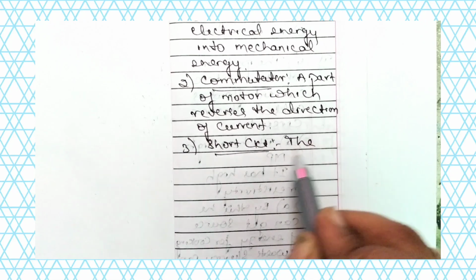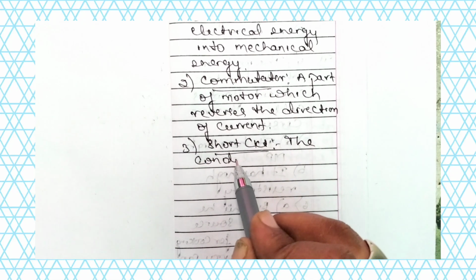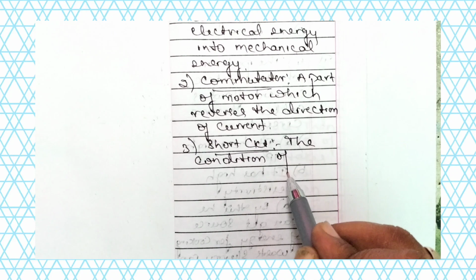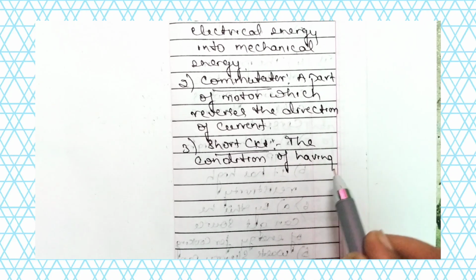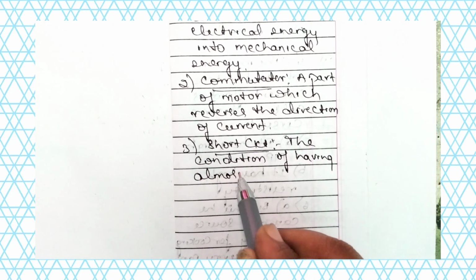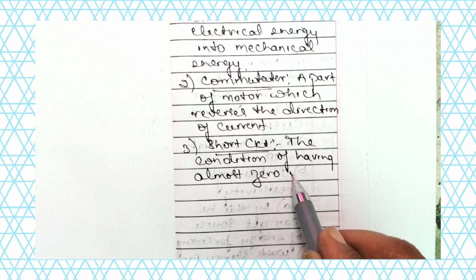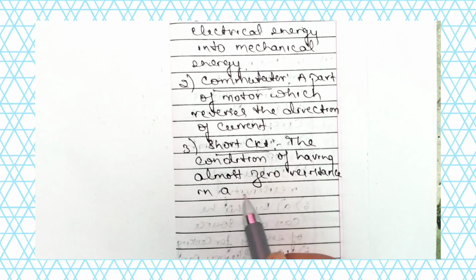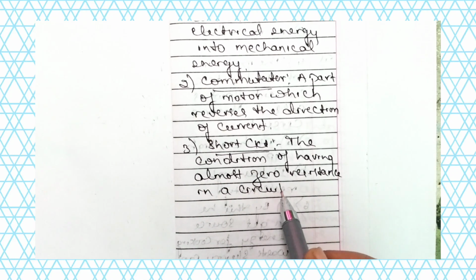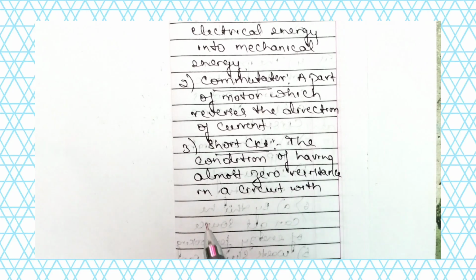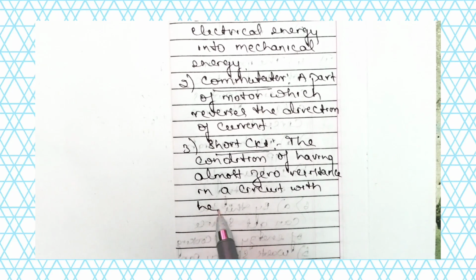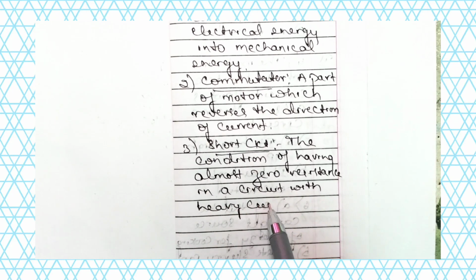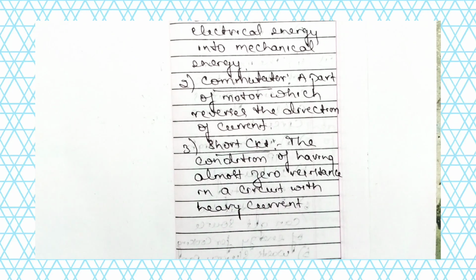The condition of having almost zero resistance in a circuit with heavy current is called short circuit. So these are the things that you have to learn regarding the 10th question.